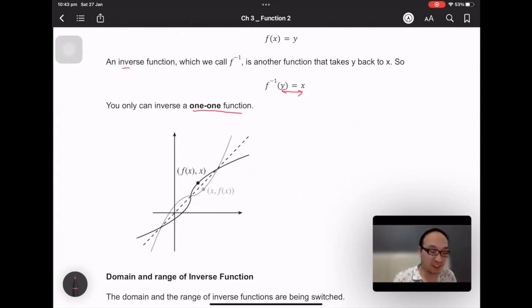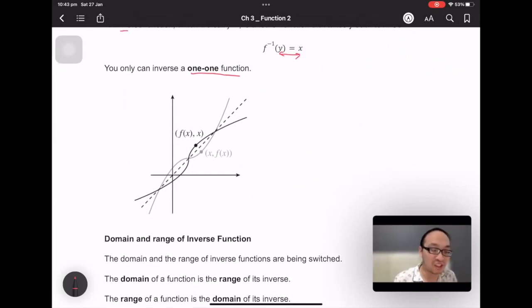And the relationship between the function and its inverse function is mirrored by the line y equals x. You can see from the graph here, it's always mirrored by y equals x. So to find the inverse function, you have to make sure that the function is one-to-one.